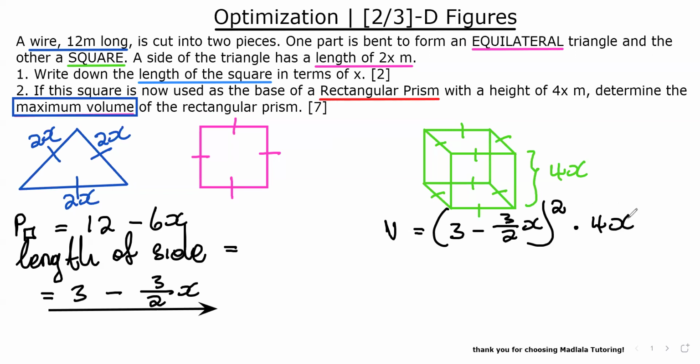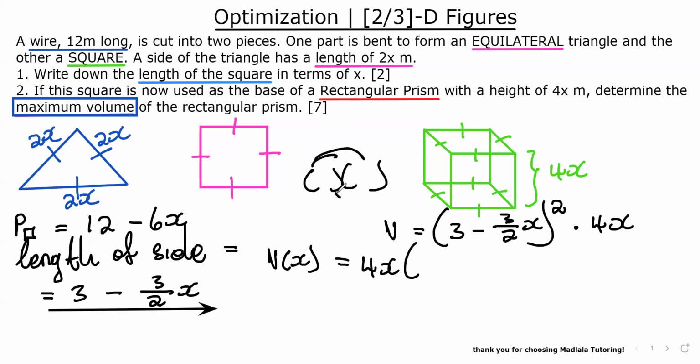So now we need to expand this volume. And the nice thing that we see is that our volume is a function of x. So how do you expand this part? Well, you use the FOIL method. So you're just going to write these brackets, or rather repeat the brackets twice, and then you FOIL, of course.